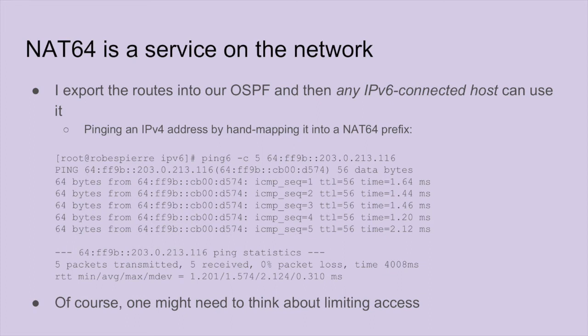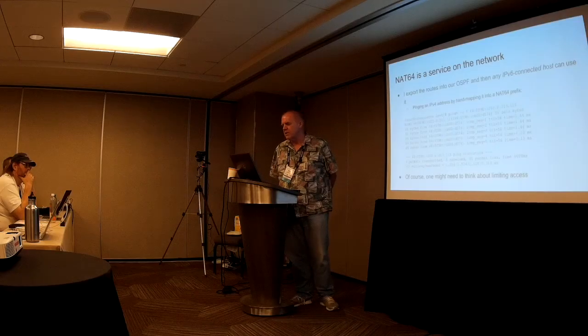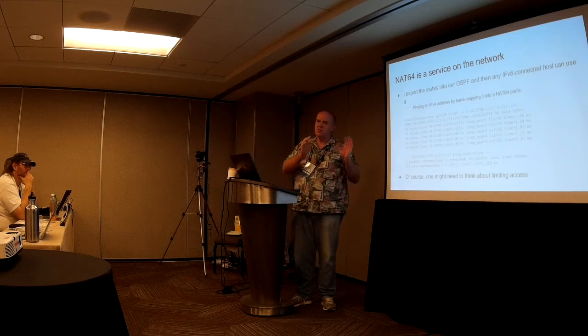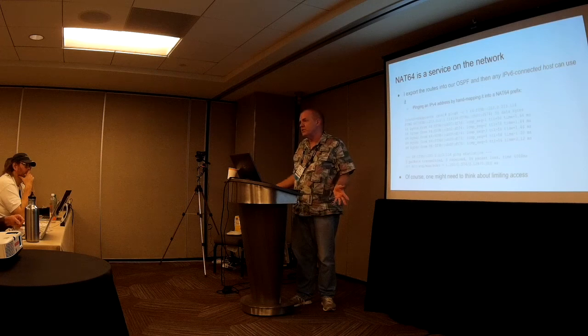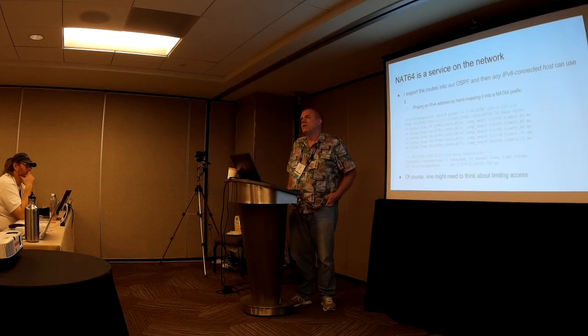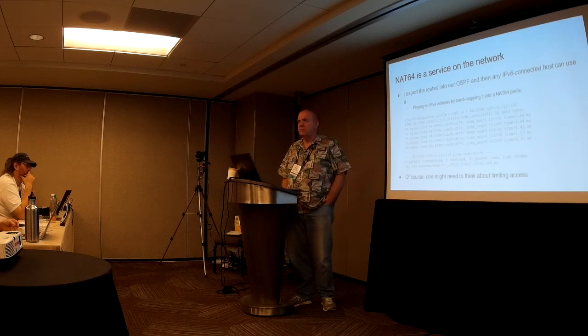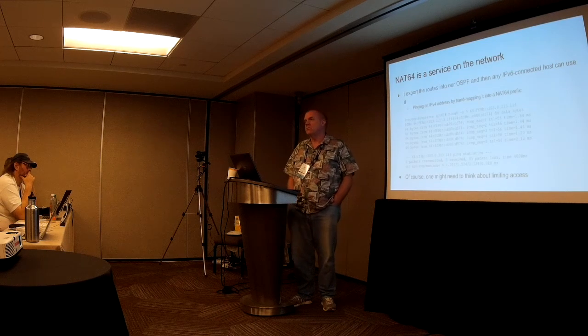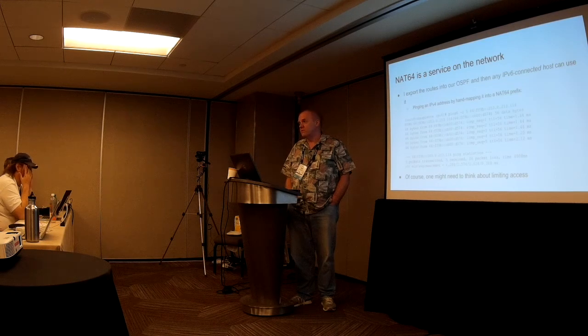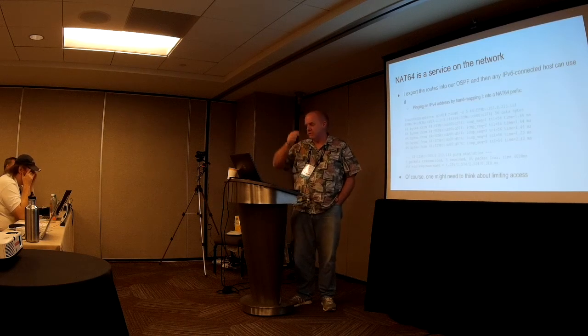On this one, I don't think I'm doing any ACLs, but they probably do specify that in the instructions as something you should do. The ACL meaning limit it to the clients that you want to be able to do translation. Of course, you may want to keep it pretty wide open and just do your whole network, or a /48 or a /40 or something, so that you are allowing your whole place, and then you can just tell people if you want to build a v6 only network, use this translator, and here it is.